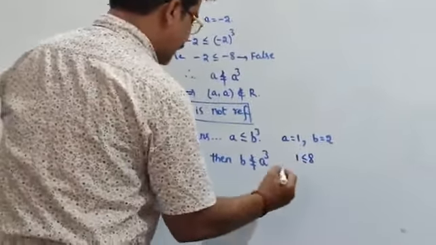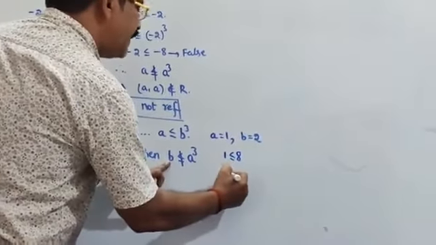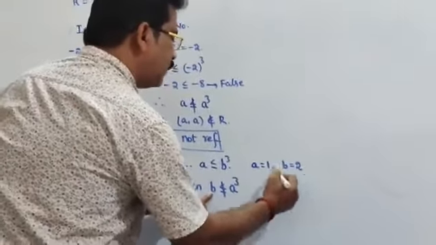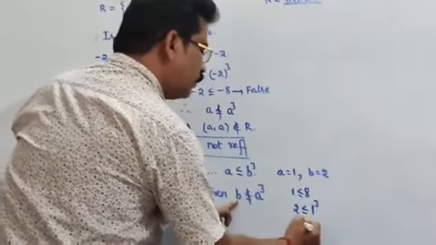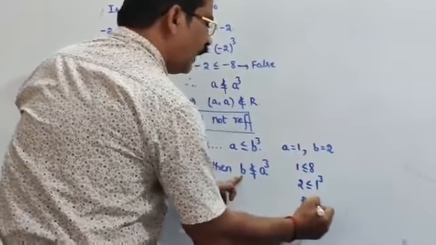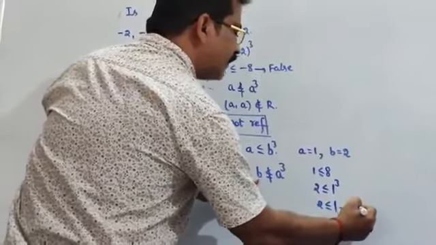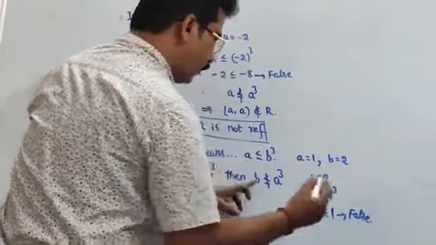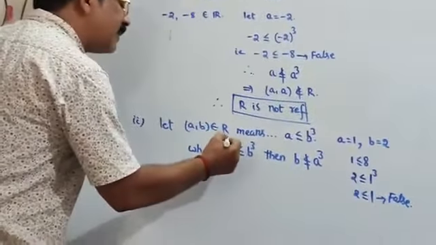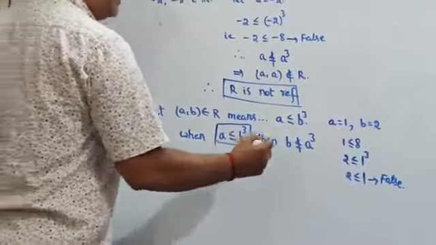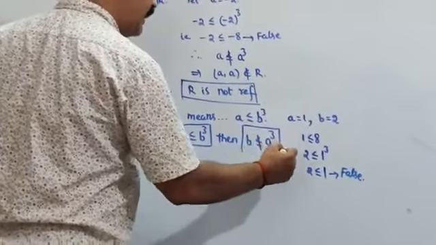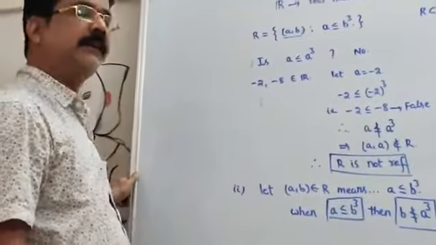In such a case, is it true that B, that is 2, is less than or equal to 1 cubed? So 2 is less than or equal to 1, but it is false. Therefore, whenever A is less than or equal to B cubed, it is not possible to say B is less than or equal to A cubed.